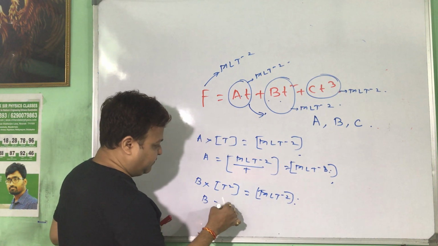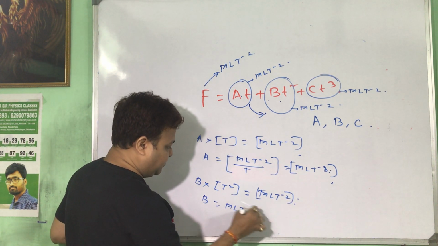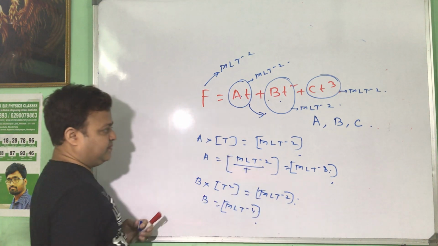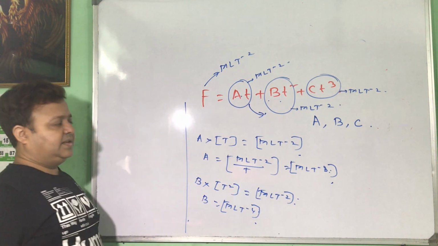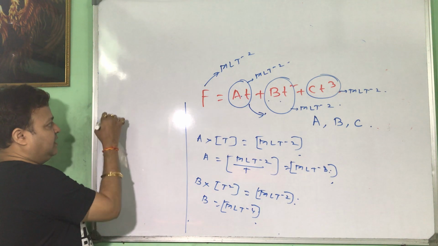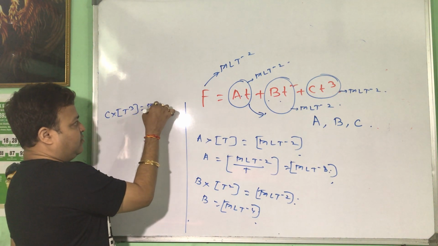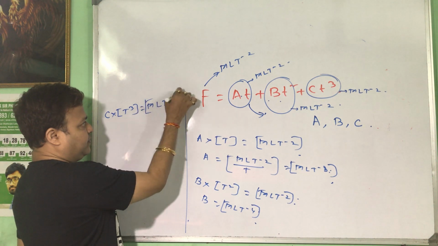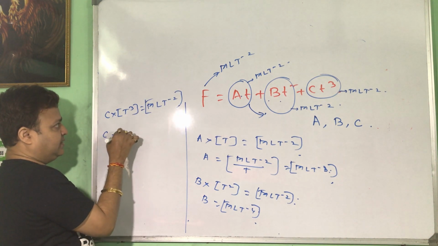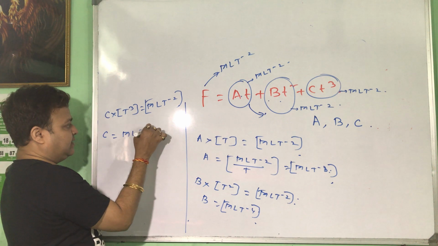So B becomes MLT minus 4. Similarly, C into T cube, that is equal to MLT minus 2. So C becomes MLT minus 5.